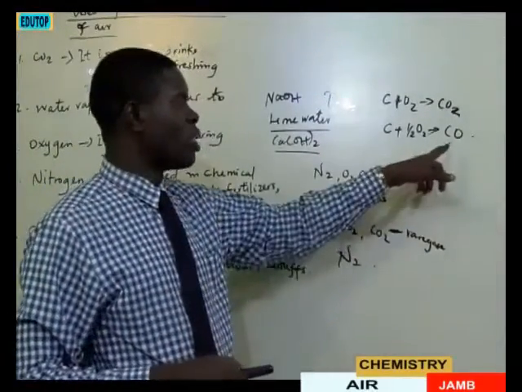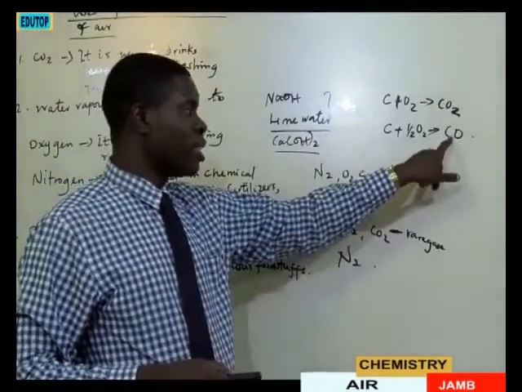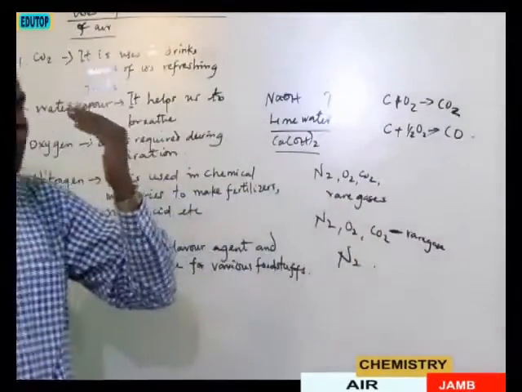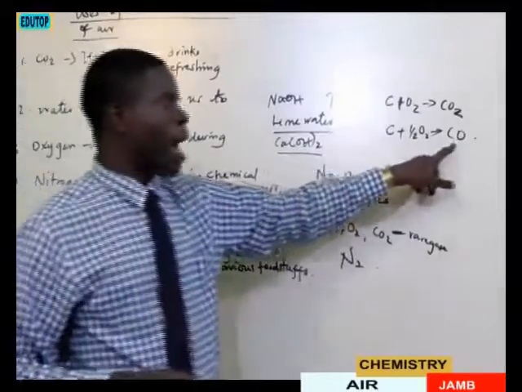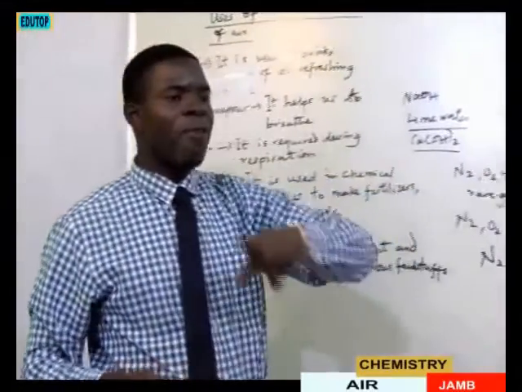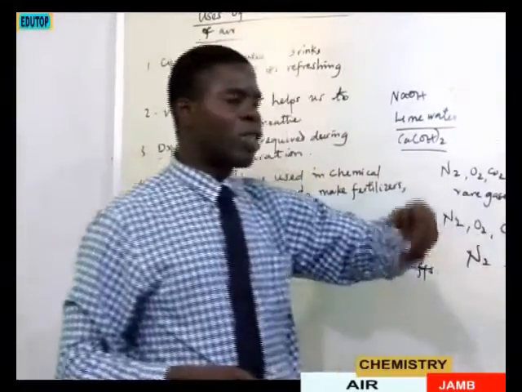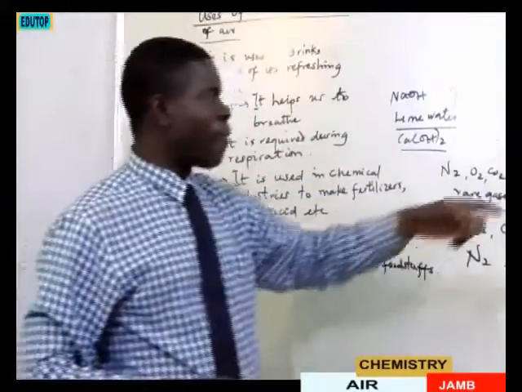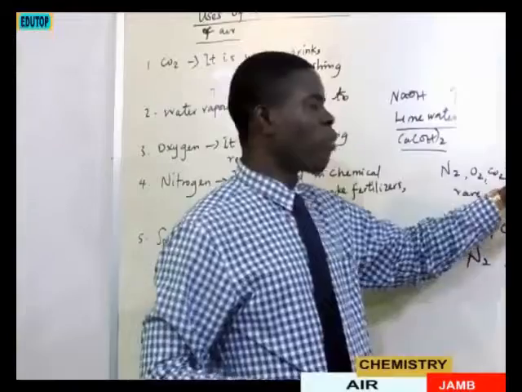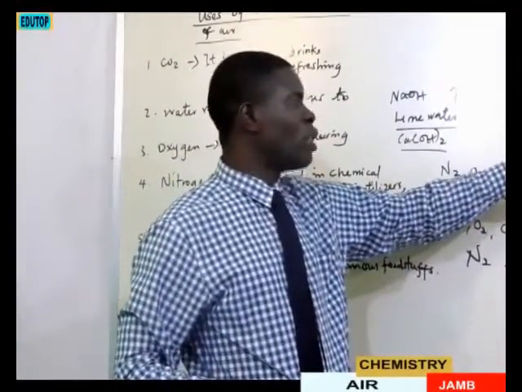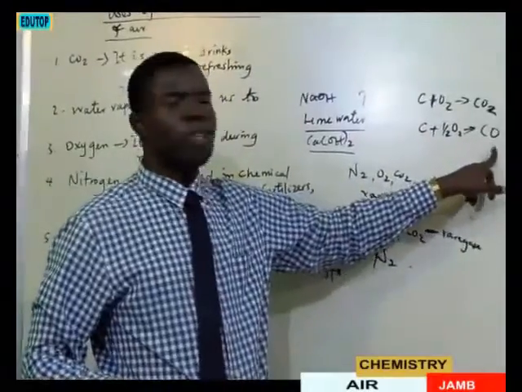In no distant time it affects. In fact, this CO, apart from the fact that it can lead to brain damage, combines with our hemoglobin and therefore cuts off oxygen supply. So in that situation, in no distant time, the person dies. So apart from killing a person, it also leads to the malfunctioning of the brain.